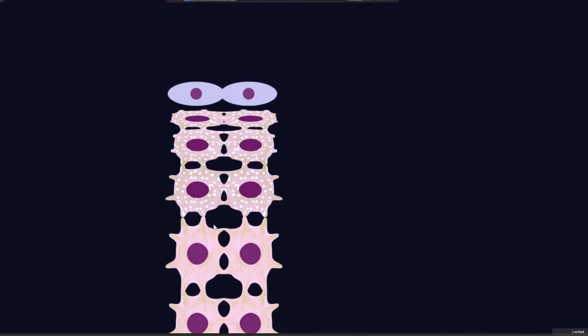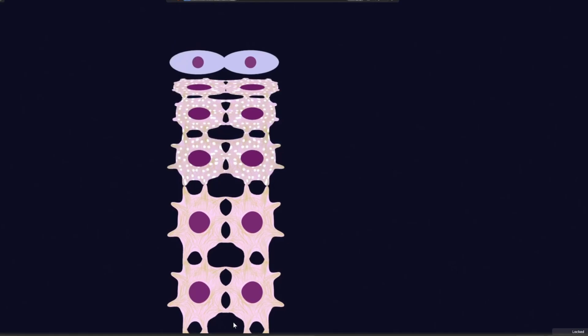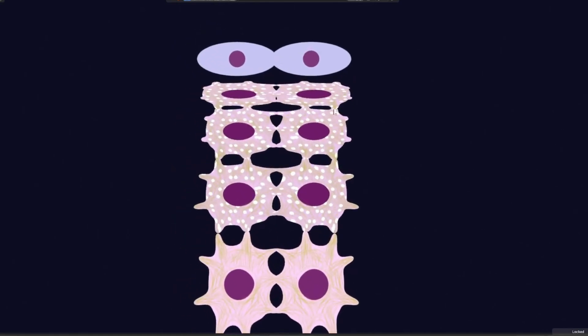Desmosomes are still there, but they have another unique feature which is not present in other layers. That is the presence of these granules. So that is why it is called stratum granulosum. But still I would not label it stratum granulosum yet, because they will move forward and form yet another layer. But I am just giving you the idea.